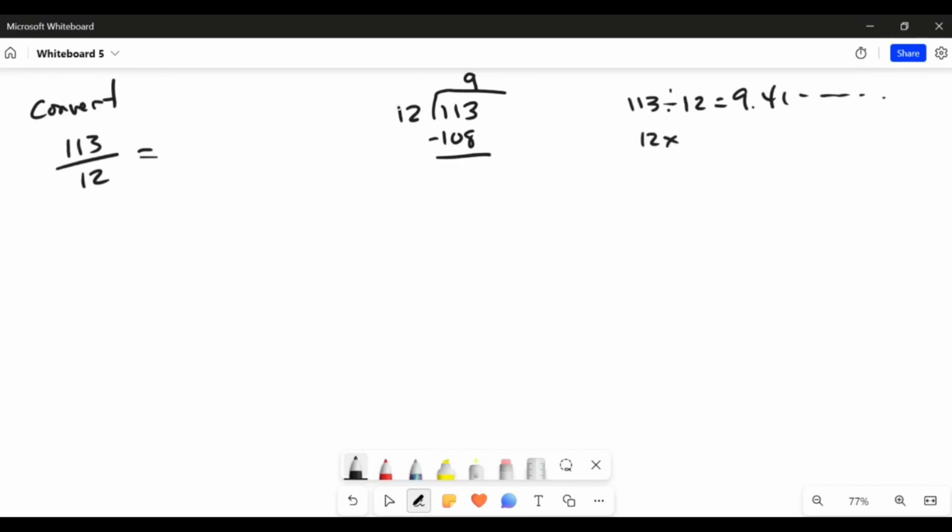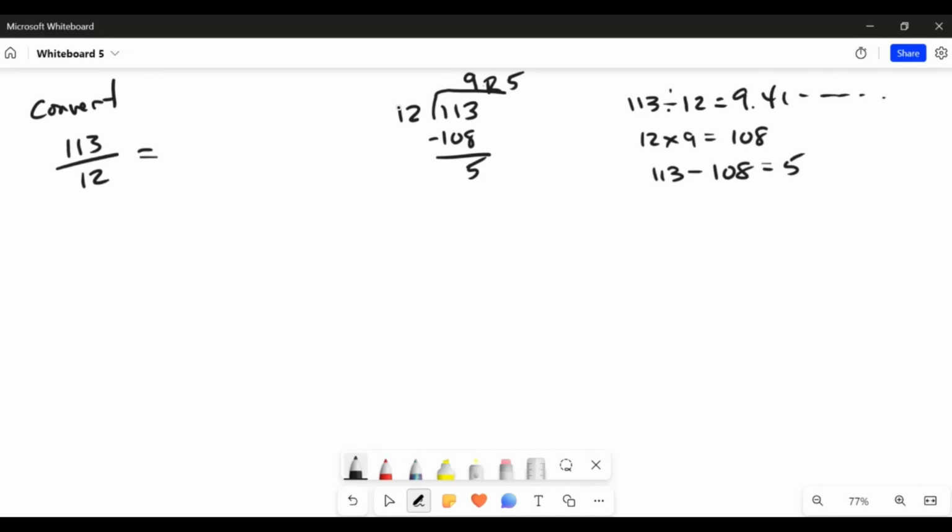To know what the remainder is, I need to take 113 and subtract 108. When I subtract, I get 5. So the remainder is 5.